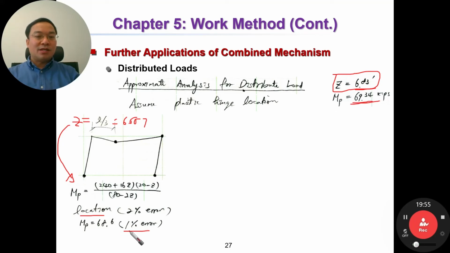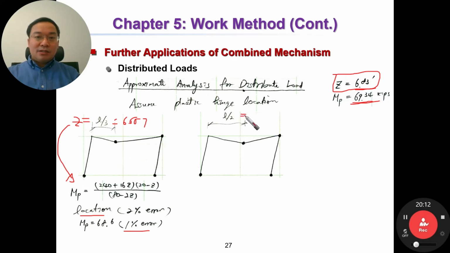Now we can make another assumption: the location of the hinge at the middle of the beam. So it means z equal to 10.